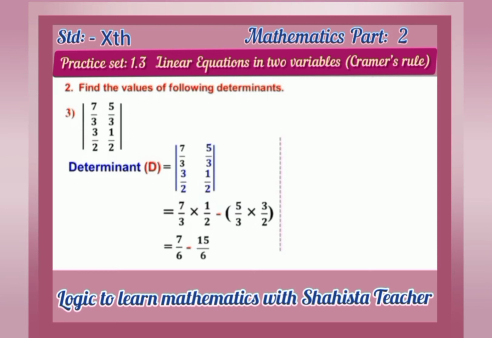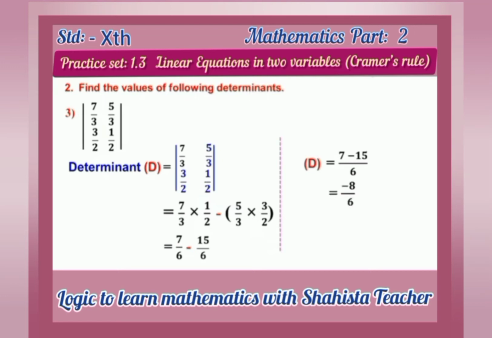As you know, D stands for determinant. So D is equal to 7 minus 15 upon 6. 6 is common. 7 minus 15 is minus 8, so minus 8 is the numerator. After subtracting we get minus 8 upon 6.